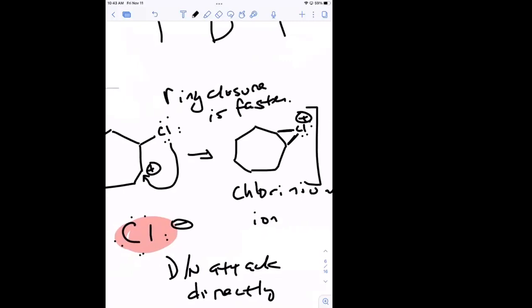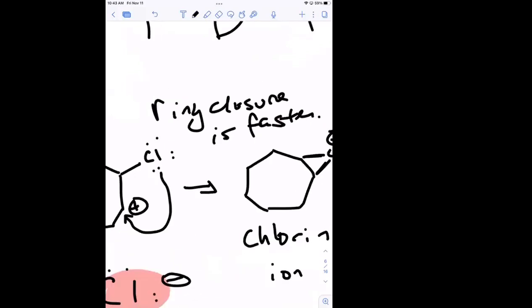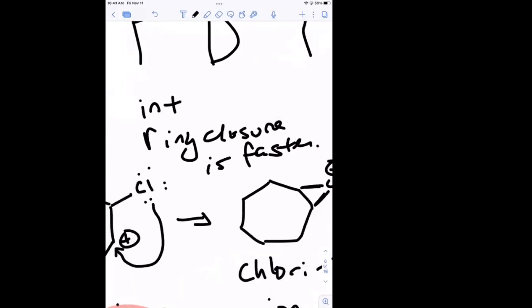All right, this gives us a chance to add another layer, another definition that is really important to know. This is what we consider intramolecular. I'm going to write that up here. Intramolecular ring closure is faster than direct attack.